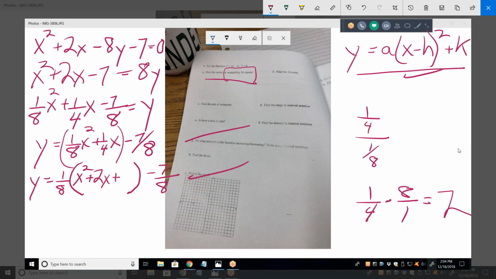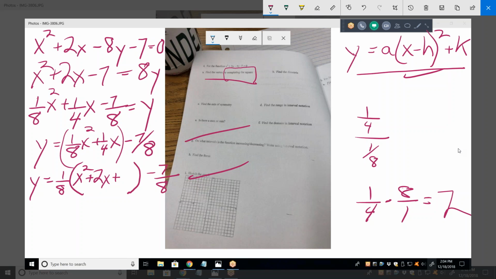It's x minus h squared. So the way you convert what I've got now into an x minus h squared is by completing the square. And completing the square is just memorizing a process. Do you remember what the process is?